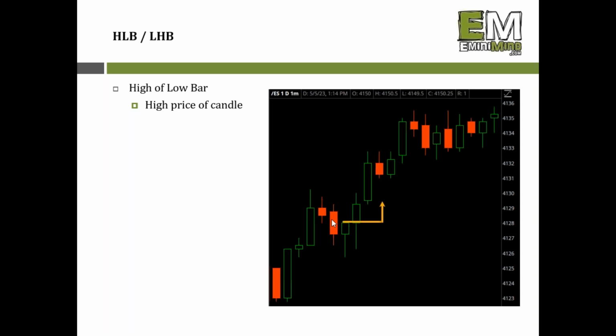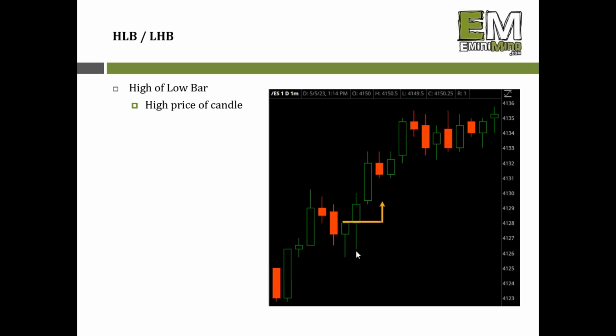But the cool thing about high of low bar is that if you put an order above, like this red spinning top candle here, 1 tick above to buy, well, the next candle goes lower, so your order is not filled. So then you get this red candle, and if you think, okay, I'm going to put my order 1 tick above there and get long when we break that candle's high, well, the next candle goes lower. So in a lot of ways, it's foolproof to identify the lowest bar in the pullback.